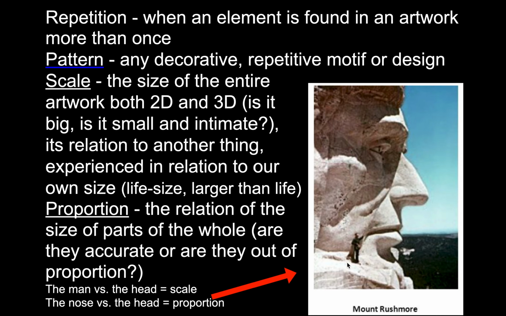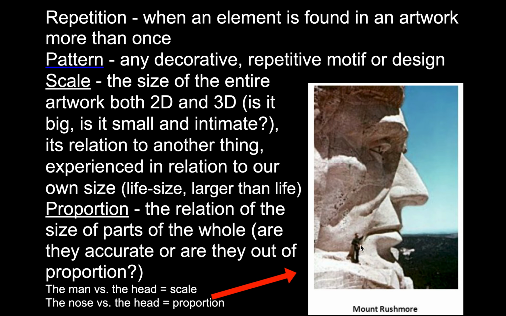So the scale would be when we compare the man versus the whole head, right? We're comparing Mount Rushmore. I know we're only seeing a small part of it, but we're comparing the size of it to an outside force. So we're looking at the size of the artwork versus the size of something else.